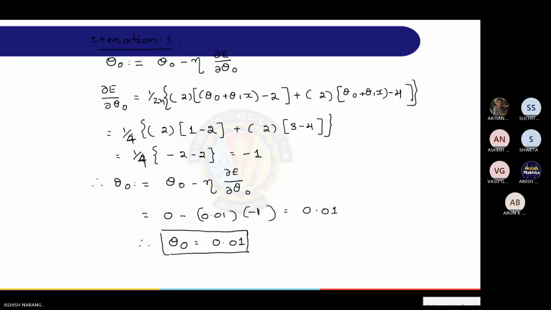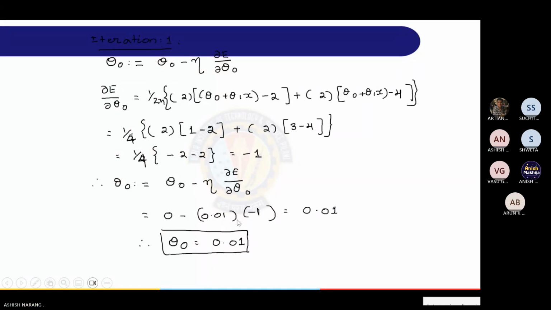What is the final value of theta 0? Plug in the numbers. For me, it is coming 0.92. How? You got minus 0.95 from the partial derivative. In place of 1, I'm putting minus 0.95, multiplied with 0.01.